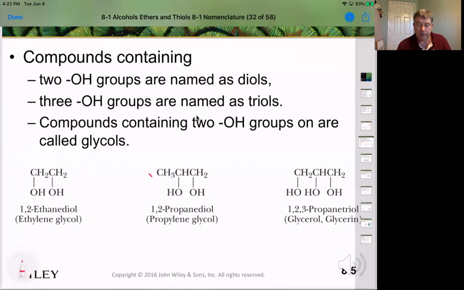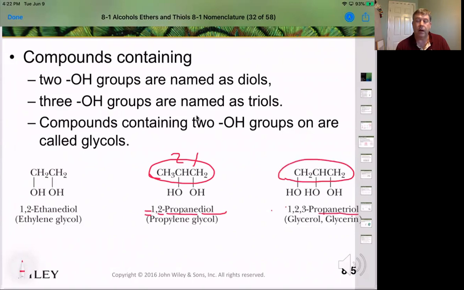So in the case of this 3-carbon chain, we would have propane, and we have 1 alcohol on the 1 carbon and 1 alcohol on the 2 carbon. So we have 1,2-propanediol. And if it gets longer, if we have 3 on there, we would name it 1,2,3-propanetriol.